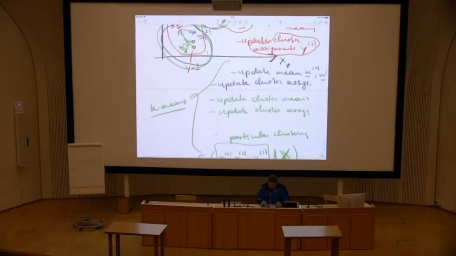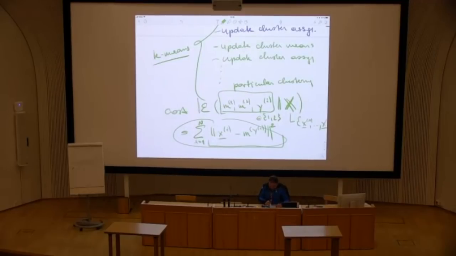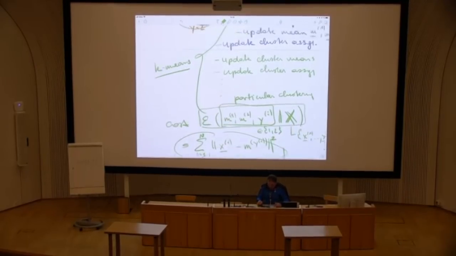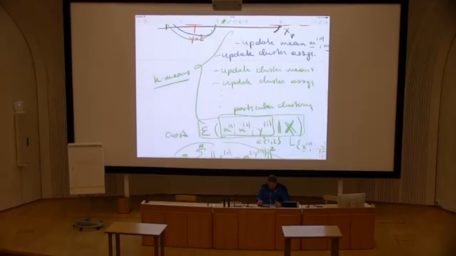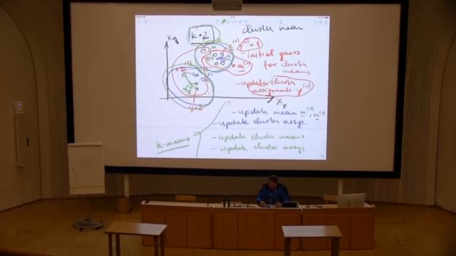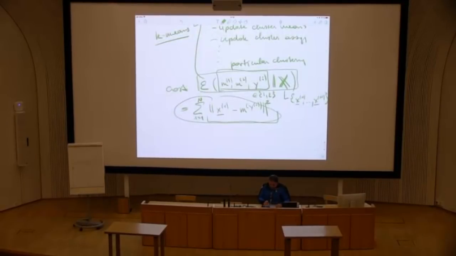Okay. So here we have now a measure that tells us how good a clustering is. And it turns out that this simple alternating procedure called k-means does the following. It alternatingly optimizes this cost or this risk with respect to the means with the assignments held fixed.